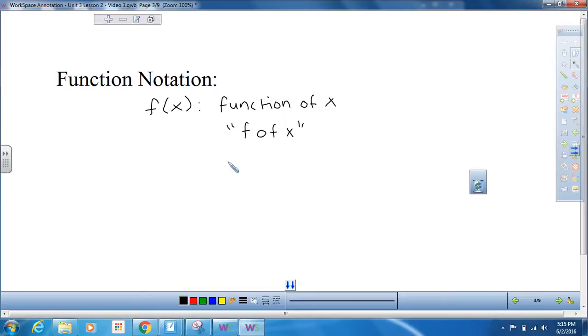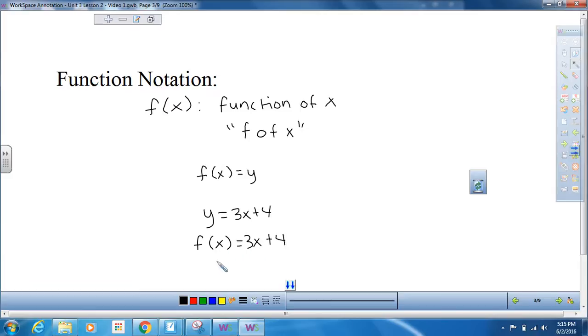It is the same thing as y. It's just a fancy way to write y. It's kind of like the difference between cursive writing and print writing. Y is like the print writing, f of x is like the cursive writing. So if you see this, we could also write that like this: f of x equals 3x plus 4.